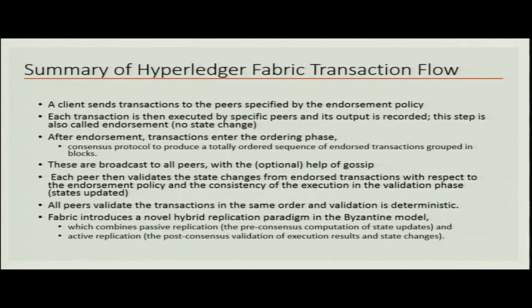And now Fabric introduces a novel hybrid replication paradigm in the Byzantine model. So you can have passive replication, and you can also have active replication. Passive replication is because of pre-consensus computation of state updates, so there is no real replication happening here. Active replication happens post consensus, when everybody replicates the state change and everybody replicates the new block added to the blockchain.